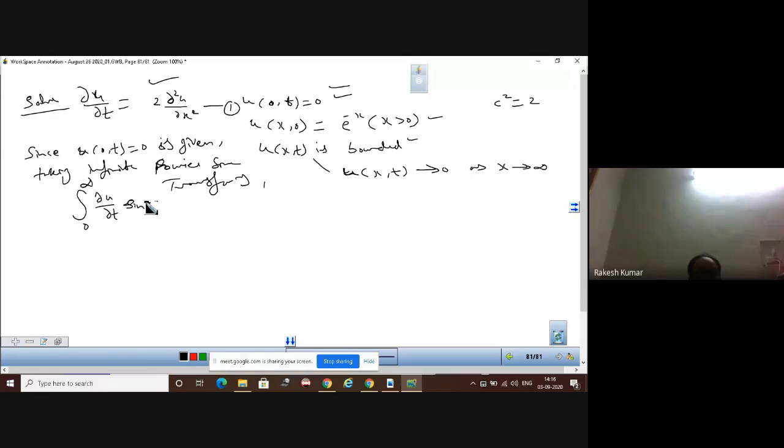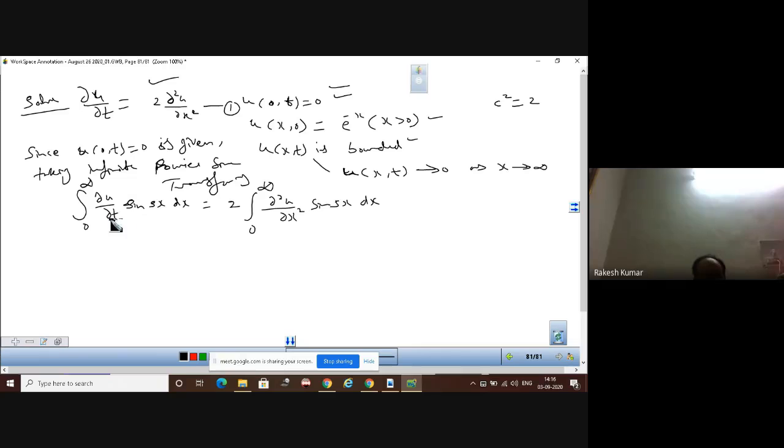The parameter p can be taken in place of s, but I am taking s. This is the important step in taking the Fourier sine transform.